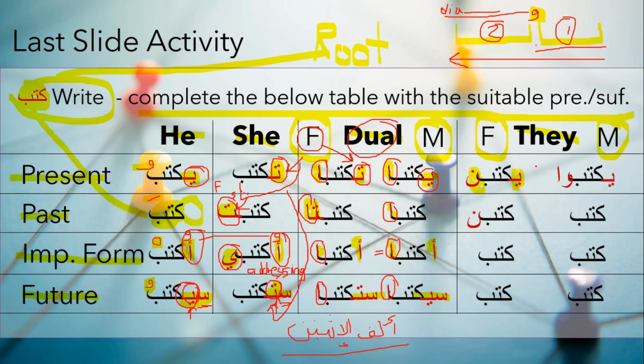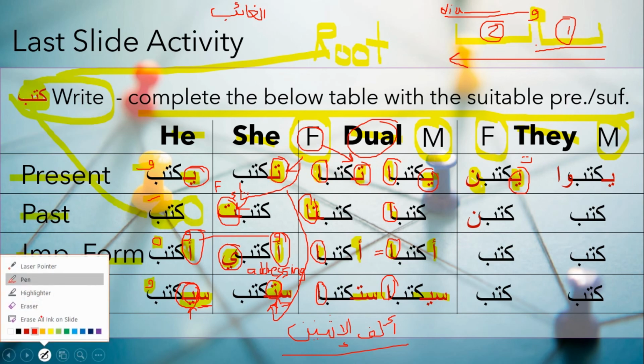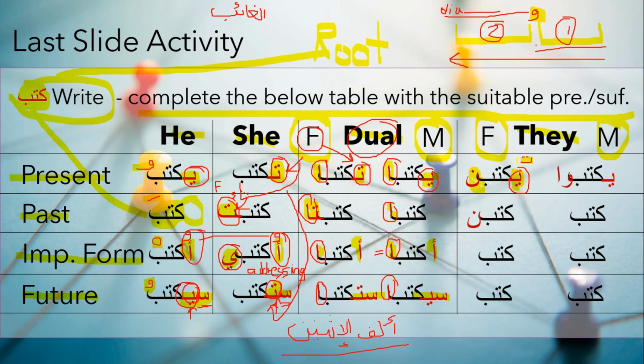But if they are in front of me and I'm addressing them, I would say تكتبنا. So I can use يكتبنا if they are not present in front of me while I am talking about them. And ta, this is the regular one, I can say تكتبنا, which is exactly the same rule that we have just learned in the dual and the she. So this, we call it ضمير الغائب, which is the non-present. It's not present in front of me, so I would use يكتبنا.